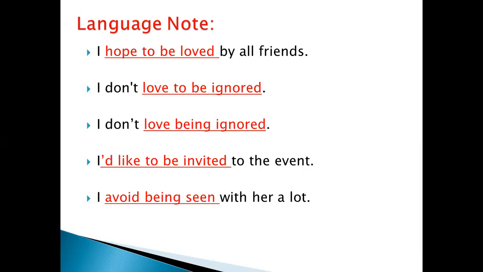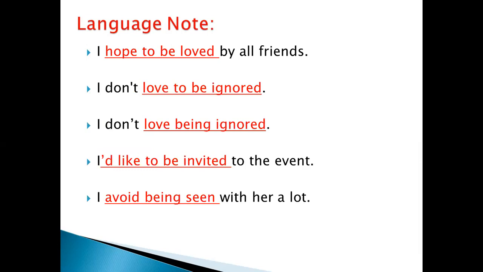Example 2: I don't love to be ignored. Example 3: I don't love being ignored. Those two examples can be used with verbs which come with infinitive or gerund. As you know, infinitive means verb plus to, gerund means verb plus ing.